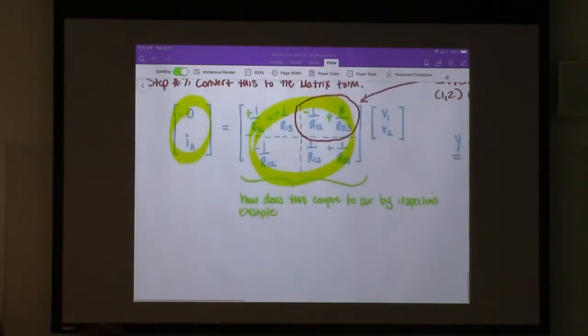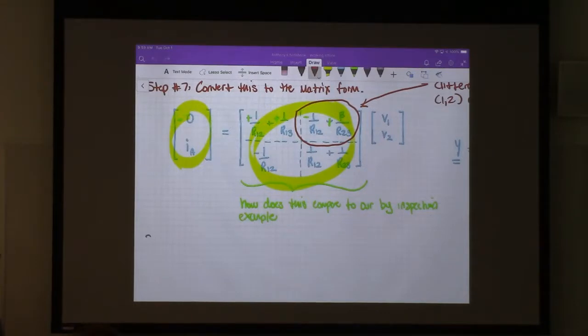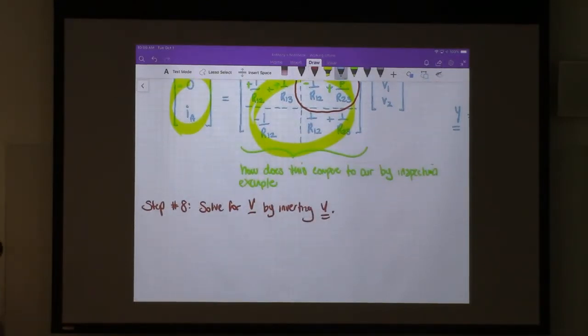Step 8 would just be, if we had numbers, and we will do some of these with numbers, to solve for the voltage array by inverting Y. So I don't know if we really need to write it out, but V will be equal to Y inverse times I. Okay.